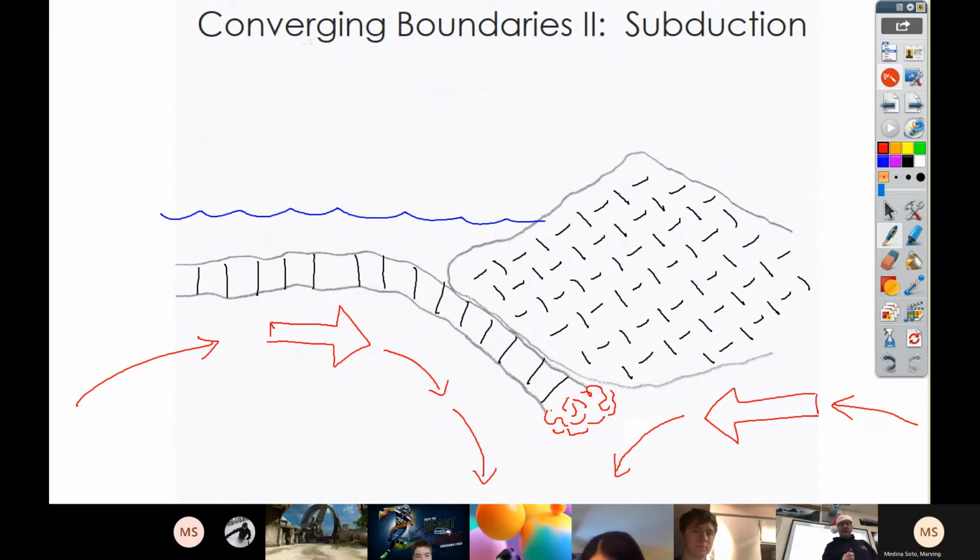Now, a lot of that magma is combined with the seawater that got dragged down with the plate. And as a result, the density ends up pretty low. And as you know, things with a low density rise upwards. So we're going to start seeing some of this magma pushing its way up through this continental rock.